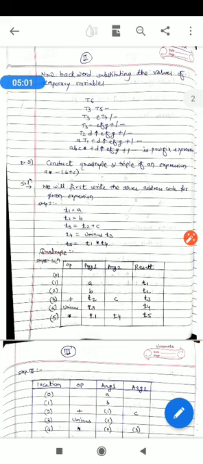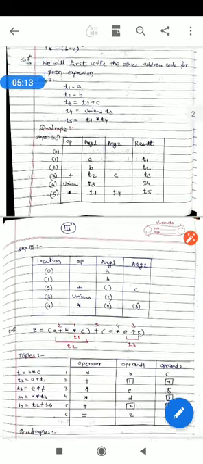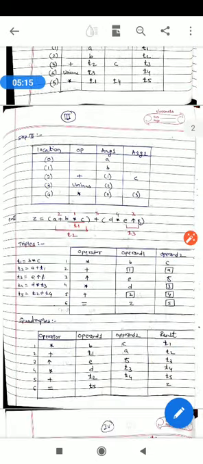And finally t5 = t1 * t4. So the operator is the multiplication operator, argument 1 is t1, argument 2 is t4, and we will store the result in the t5 variable. Then triple contains operator, argument 1 and argument 2.